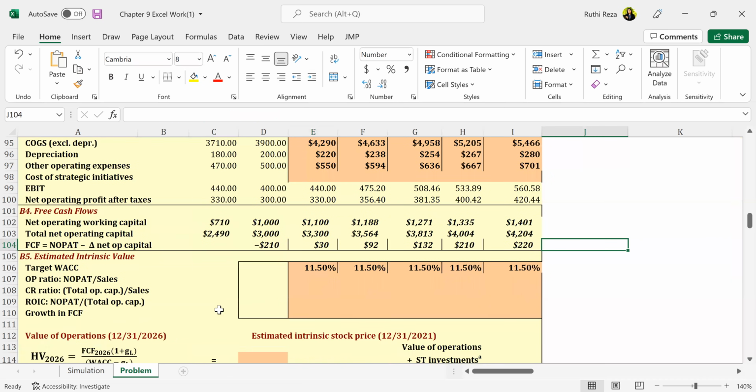Drag it all the way down to get weighted average cost of capital for all the other years.